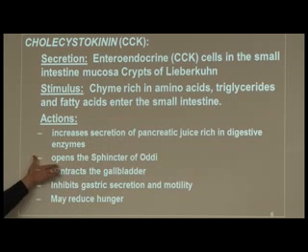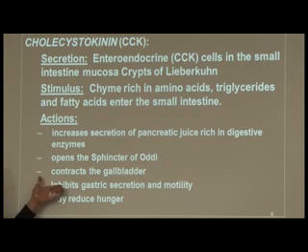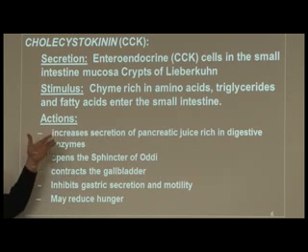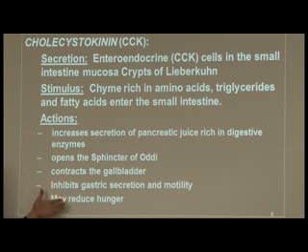So CCK also opens the sphincter of Oddi so that this fluid rich in digestive enzymes exits the duct and goes into the small intestine where it's going to be active. And it's not just retained in the duct where it would begin to digest the wall of the duct. And then a contraction of the gallbladder moves bile, which enhances our ability to digest fats.